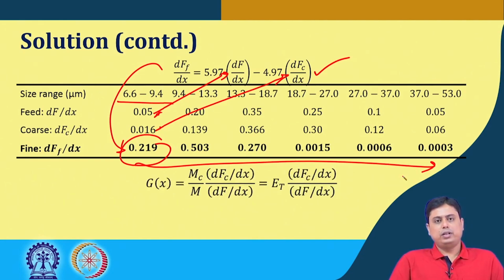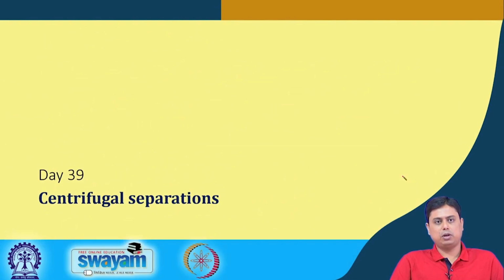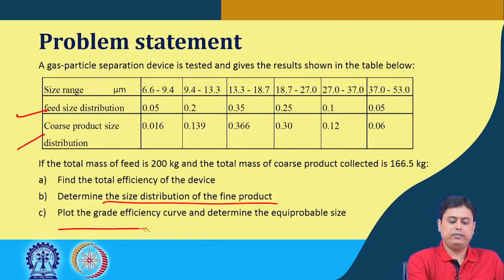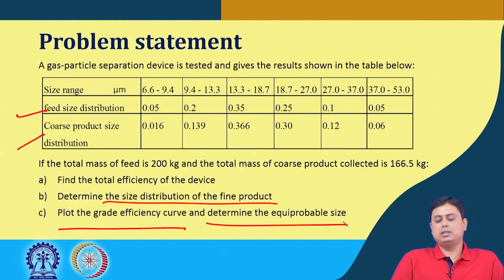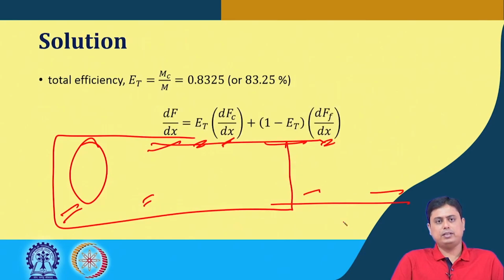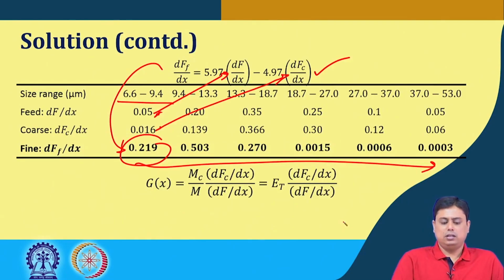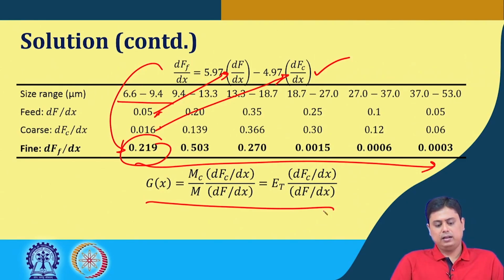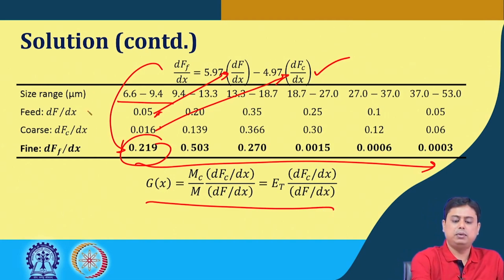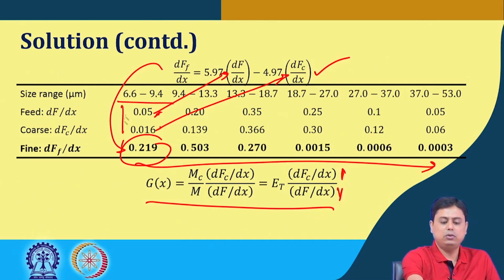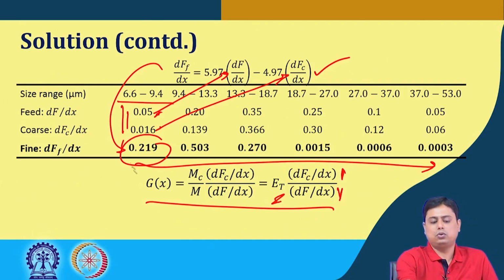Now, the third question is the grade efficiency curve. If we go back to the problem, it says to plot the grade efficiency curve and determine the equiprobable size. The grade efficiency, by definition, is this one. This we have seen. Again we can use this simple table, because dF_c by dx and dF by dx are both known, and Et is known. So for each and every size range we can calculate G(x).